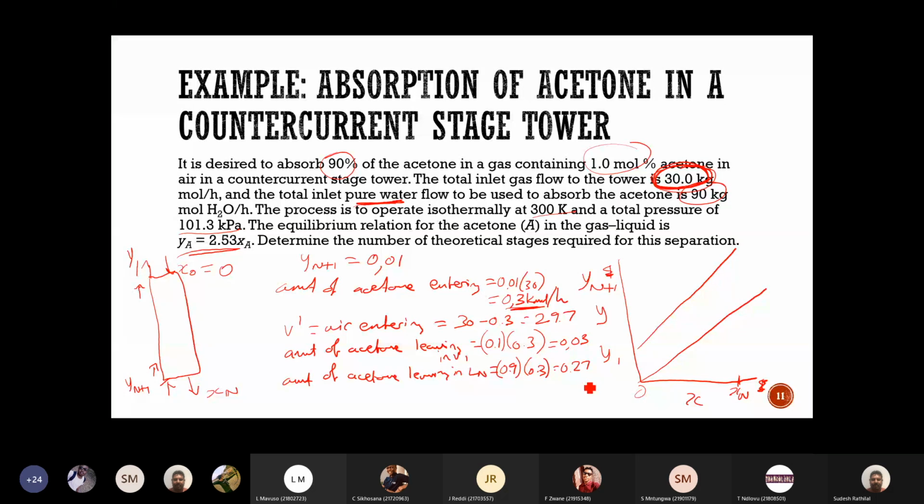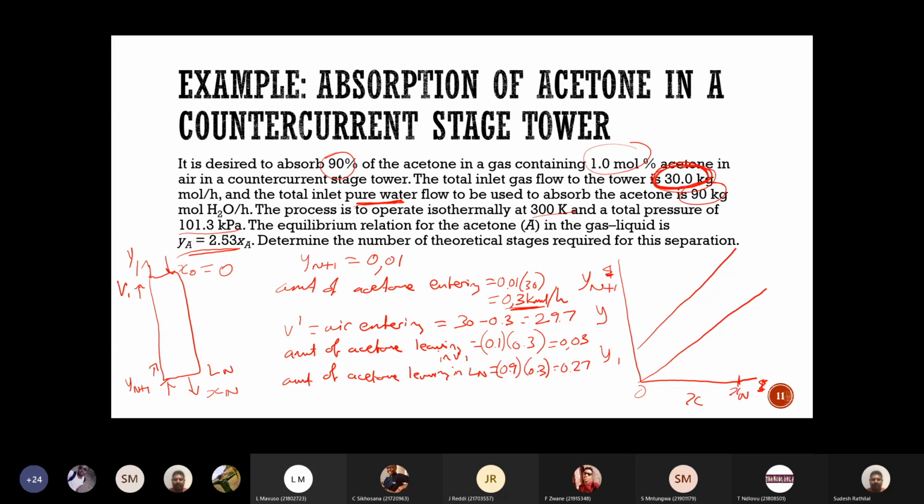All right, 0.27. What would be V1? If I can work out V1 and Ln, the total flow rates, then I'll be able to work out the concentrations from there.